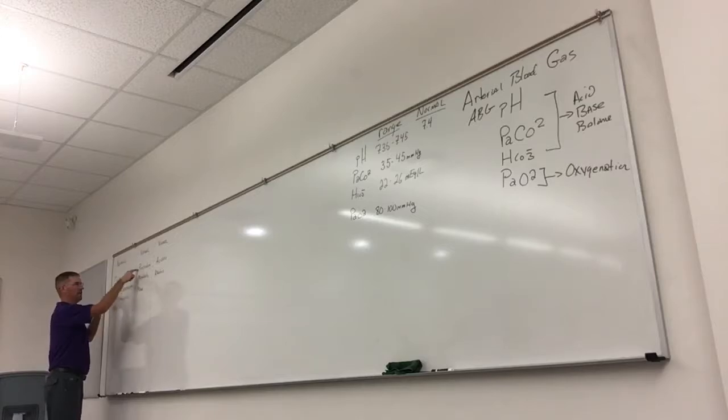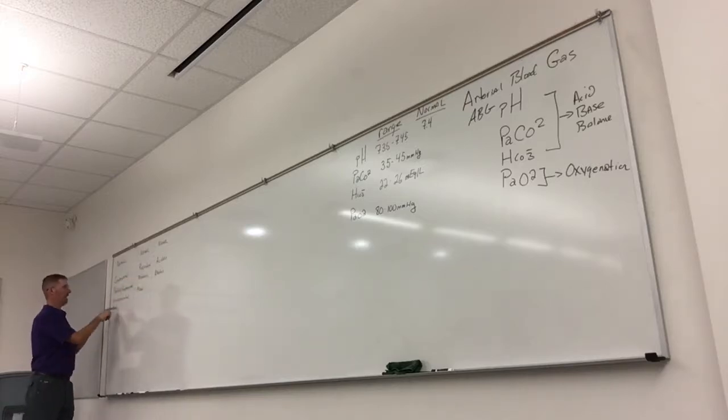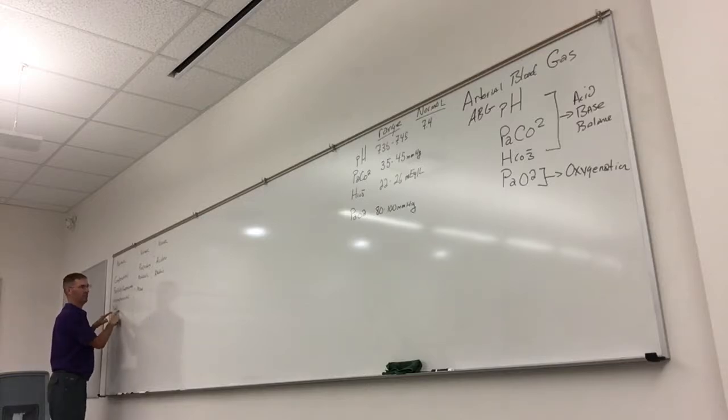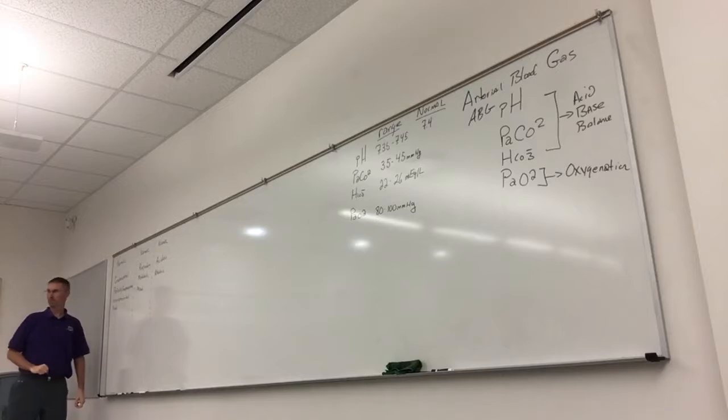A partially compensated respiratory acidosis, partially compensated respiratory alkalosis, partially compensated metabolic acidosis, partially compensated metabolic alkalosis, uncompensated respiratory acidosis, uncompensated respiratory alkalosis, uncompensated metabolic acidosis, uncompensated metabolic alkalosis, or a mixed acidosis, mixed alkalosis.